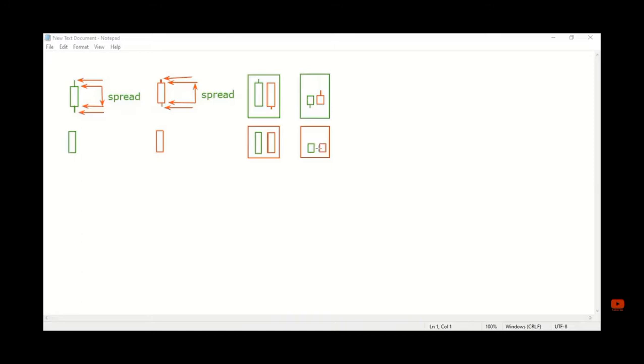When the market creates this type of situation, this is called validation. Valid. Spread is large, volume high, and spread is small, volume low. So this volume condition and this spread condition is called validation. It's valid.